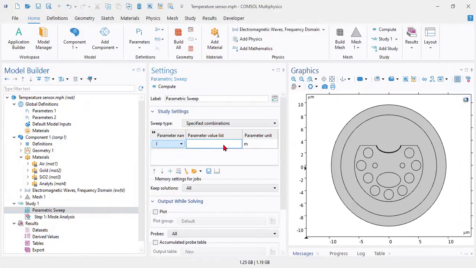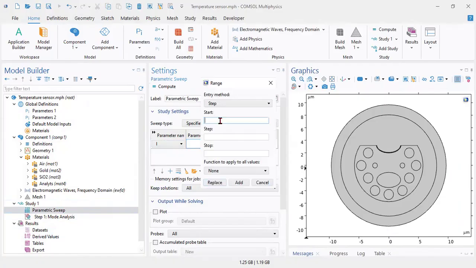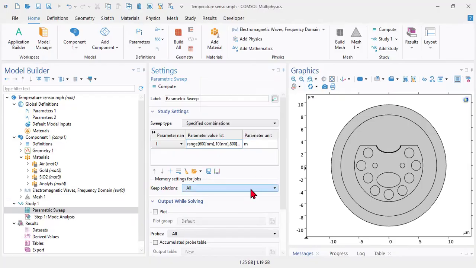We know this is the wavelength. So then you have to click here, and then click on range from 600 nanometer. Step size will be 10 nanometer. It's fine. And stop at 800 nanometer. So yeah, it's perfect.